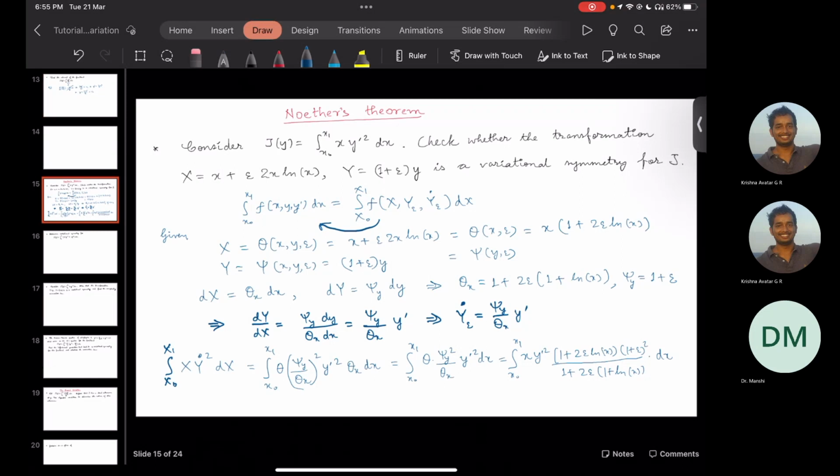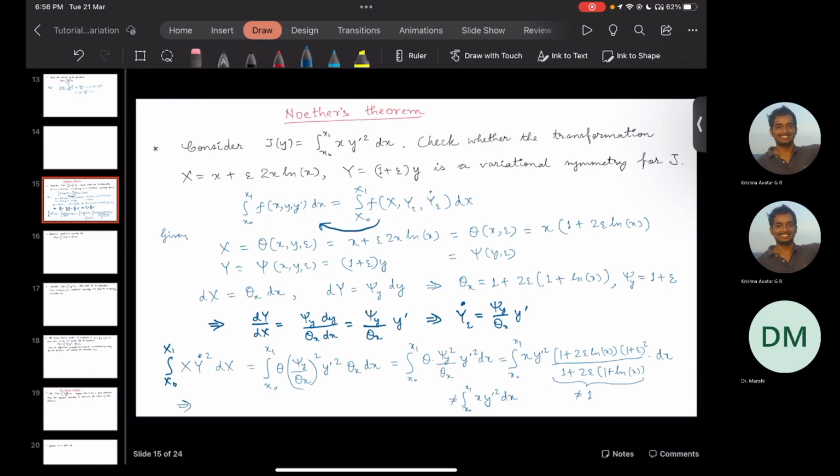Now when you take a look at this expression here, what you see is this term is not equal to 1. There is no cancellation going on. So it simply means that this entire expression is not equal to the integral of x naught to x1.